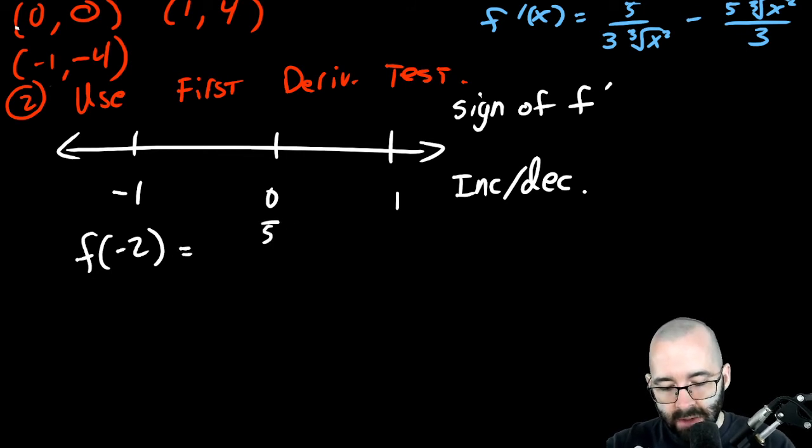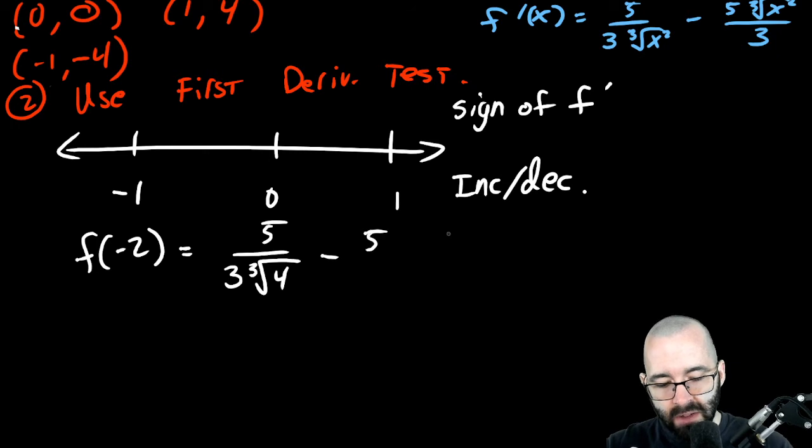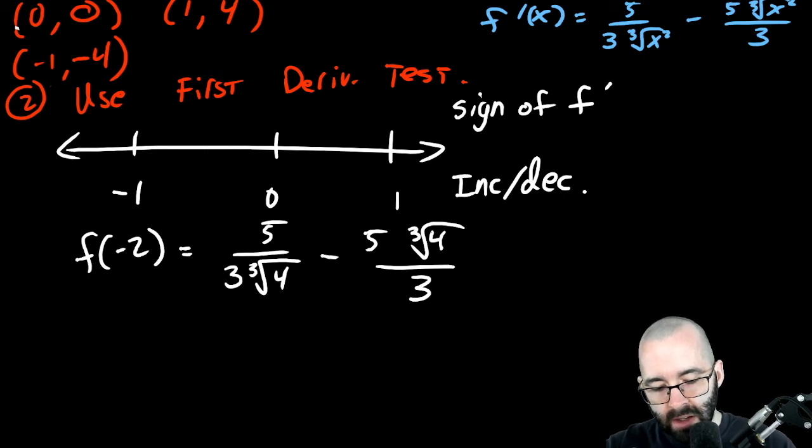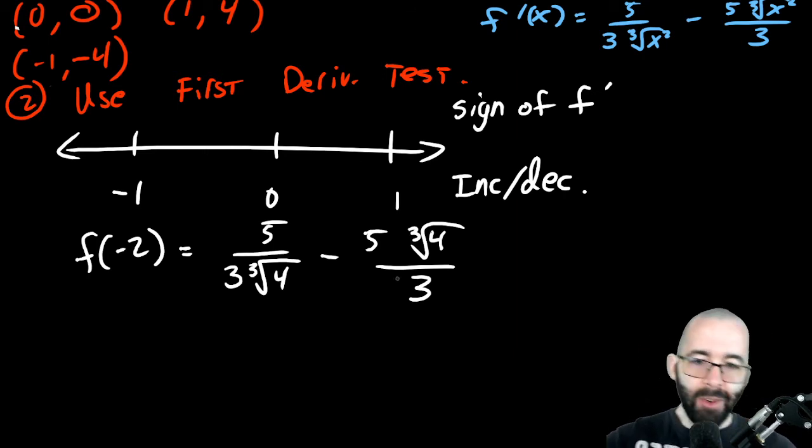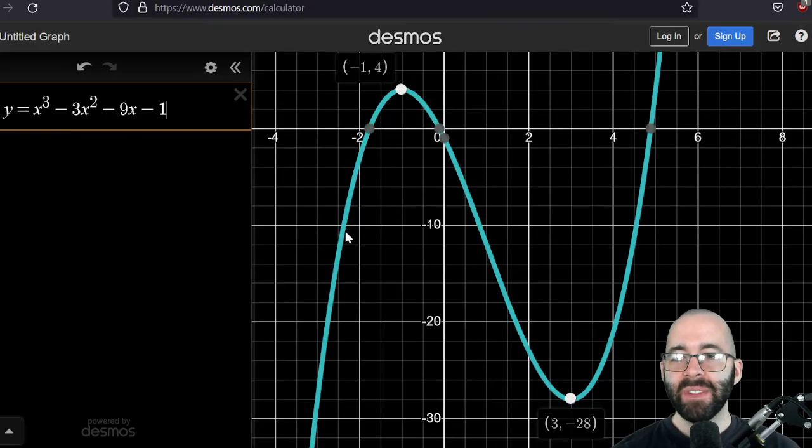That's going to be 5/3 times the cubed root of -2 squared, which is +4, minus 5 times the cubed root of -2 squared, which is +4, over 3. I'm going to use a calculator for that one. I'm not going to do this one in my head.